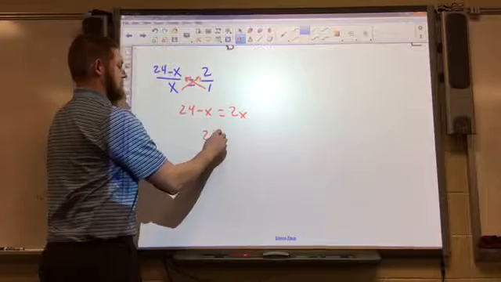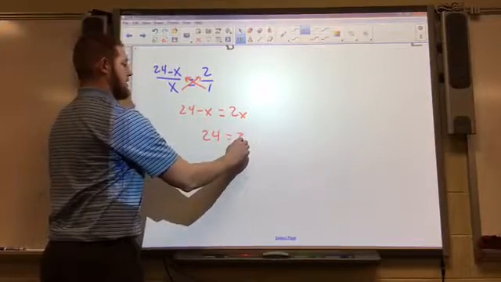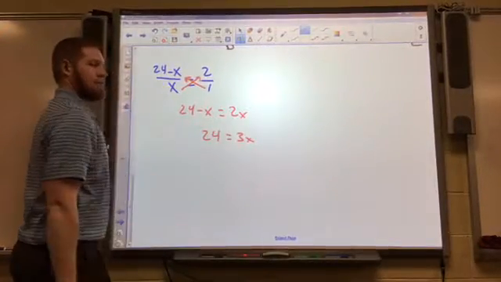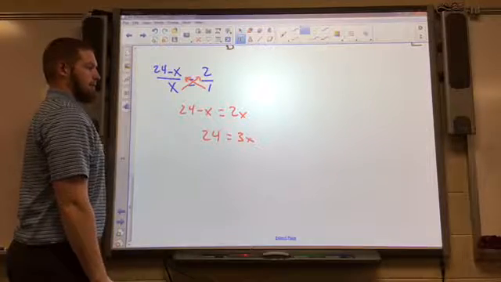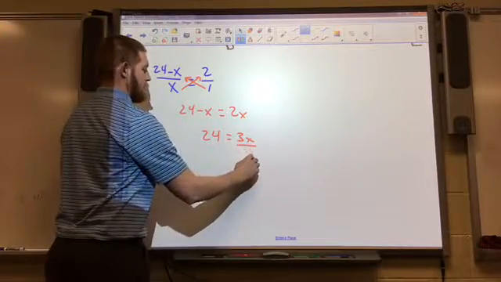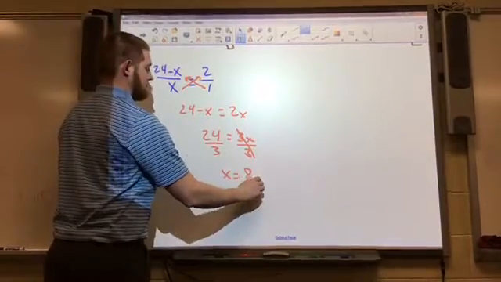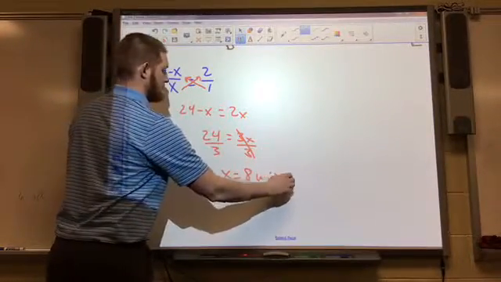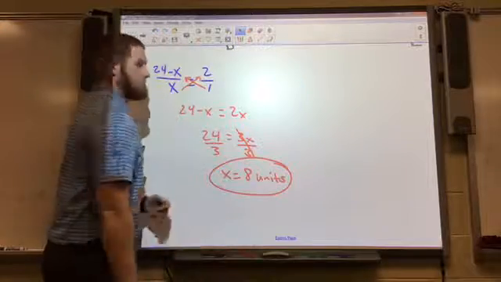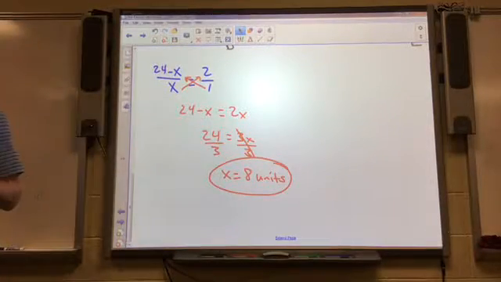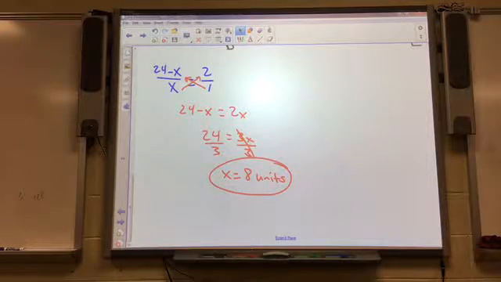So I get 24 equals 3x. I added my x over. And then I do what? Divide by 3. So x equals 8. Okay, and then just be careful. Does it want a side length? Does it have labels? What is it asking for?